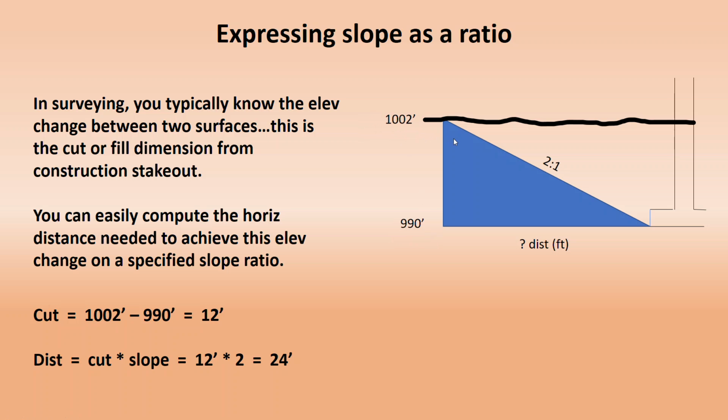Well, you're simply taking your cut dimension times your slope, or 12 feet times 2, to get 24 horizontal feet. Real simple math, and this is what's critical when we get into slope staking: this fundamental concept that distance equals cut times slope, or fill times slope if we're filling a hill above the natural ground as opposed to cutting down into the natural ground.